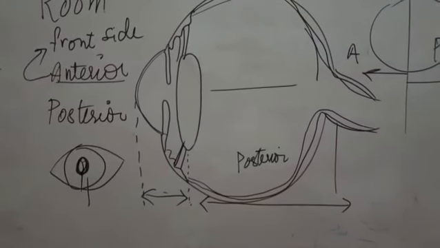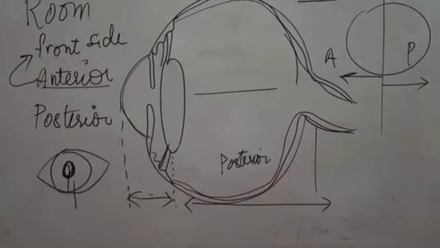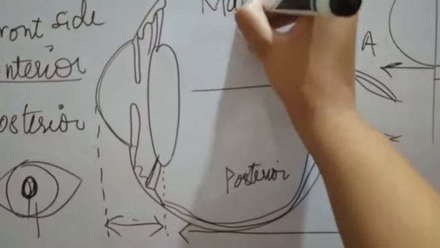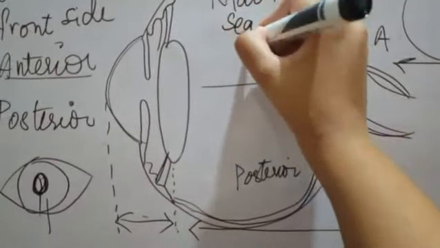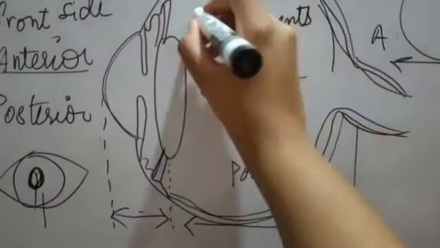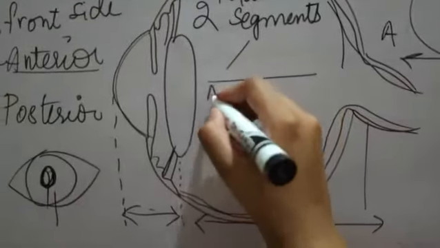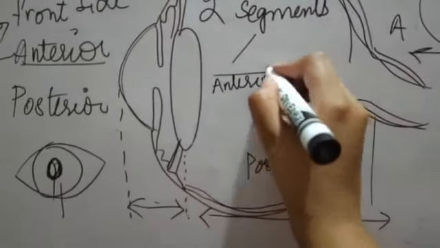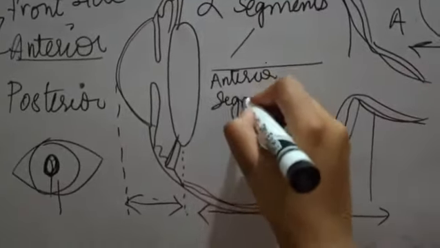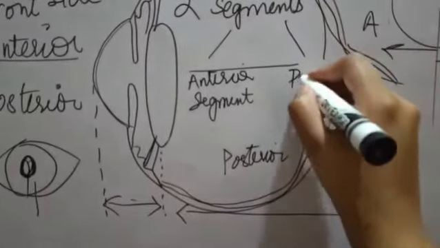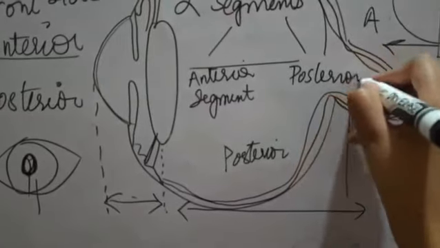So the eyeball is divided into two main segments, right? We have two main segments. One is the anterior segment, while the other one is the posterior segment.